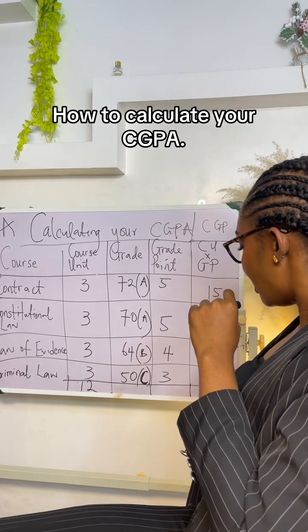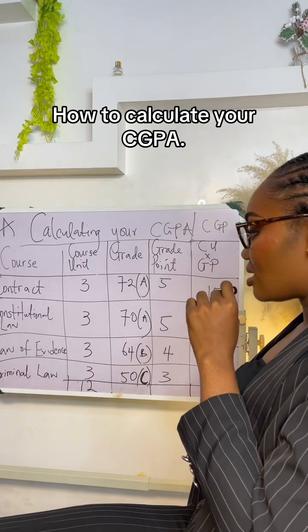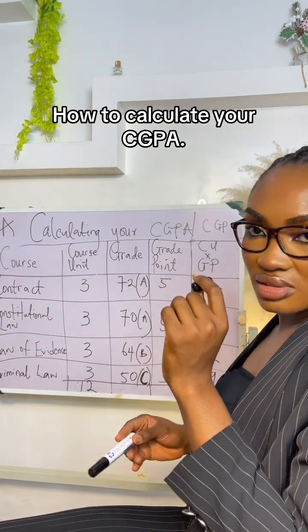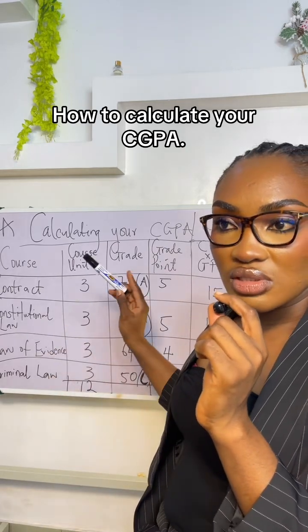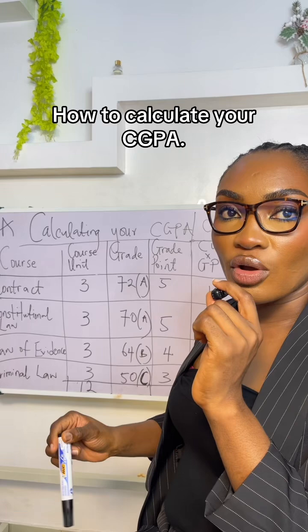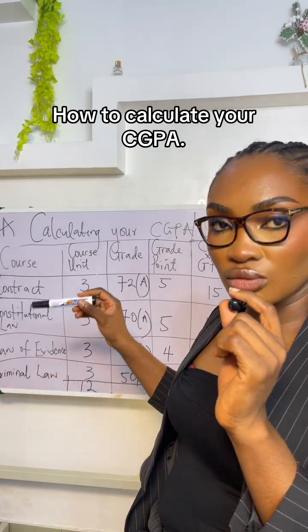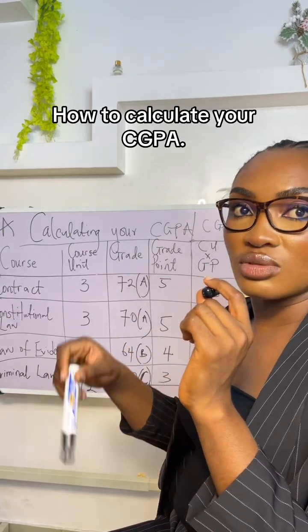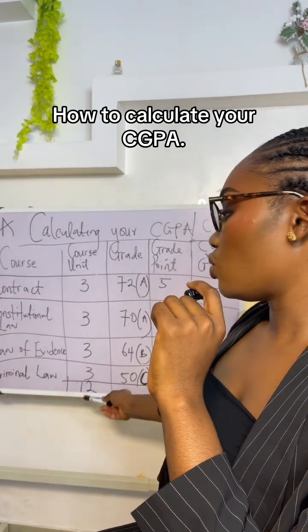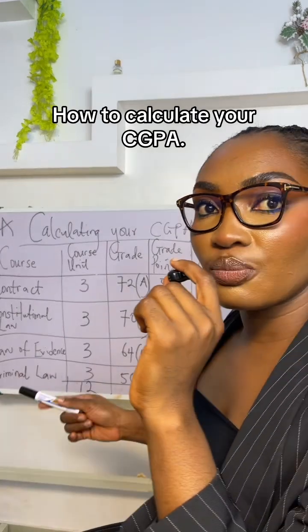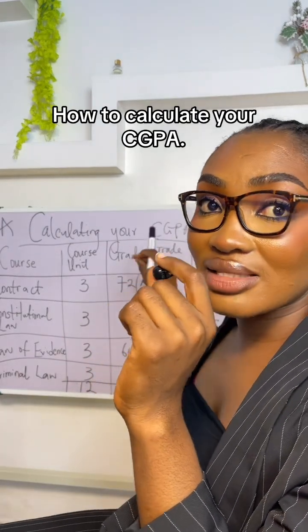The total is divided by your course units, and then you're going to get your cumulative grade point average. So in the next video, we'll divide 51 by 12 to get the cumulative grade point average for this semester.